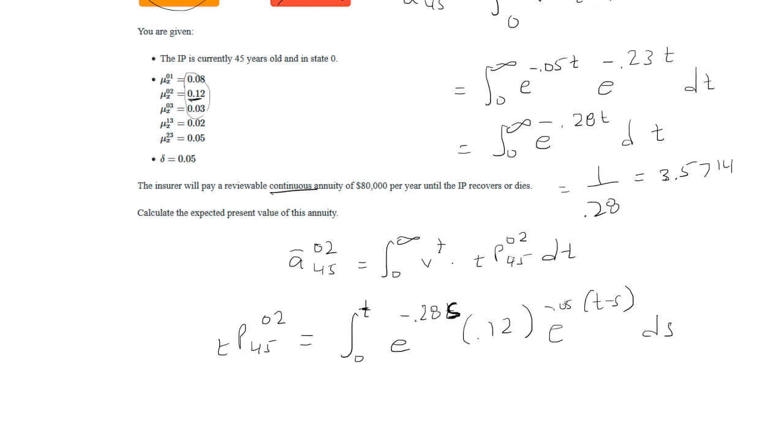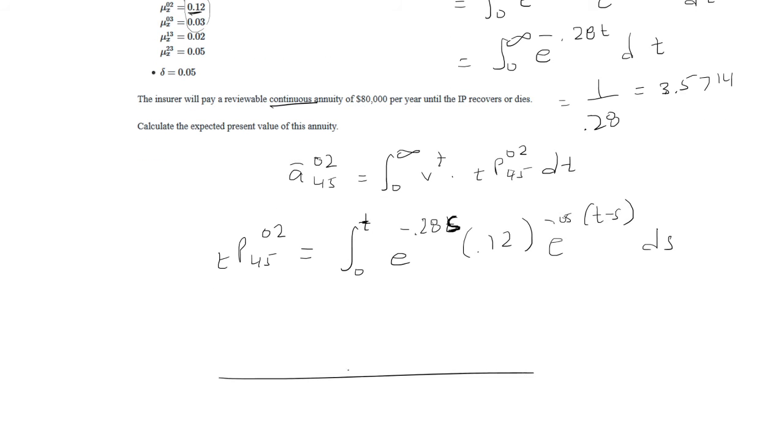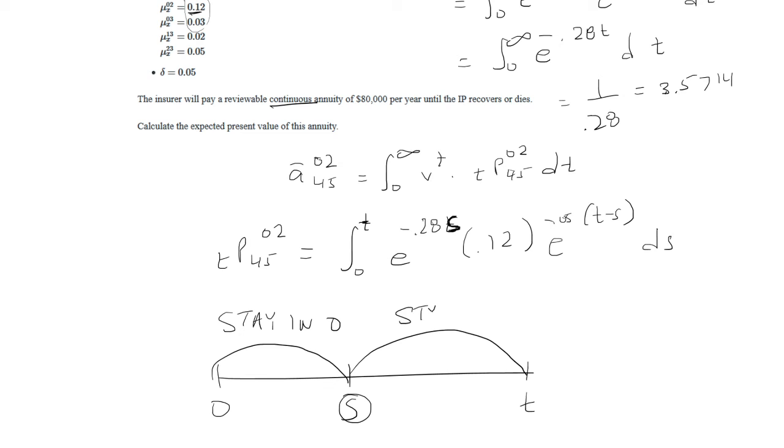Okay, let me kind of draw this. Let's say from 0 to 2, we'll stay in 0, and then at time s, that's when we transition to state 2, and then we stay in state 2. So that's what the formula above is showing.